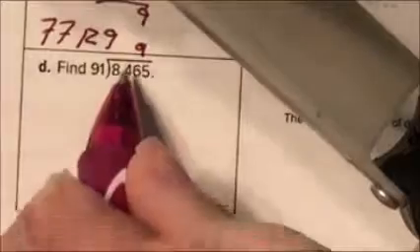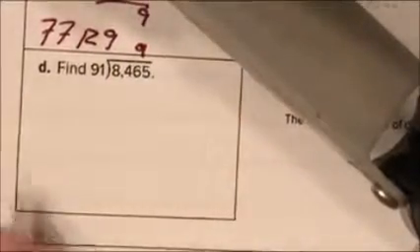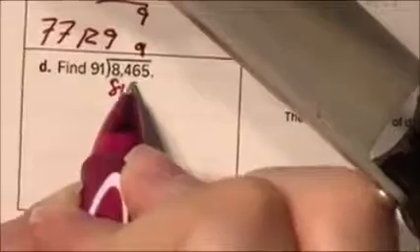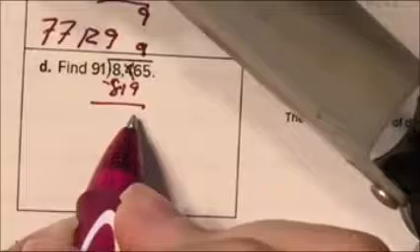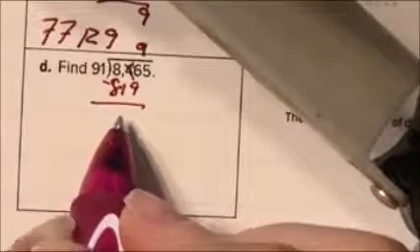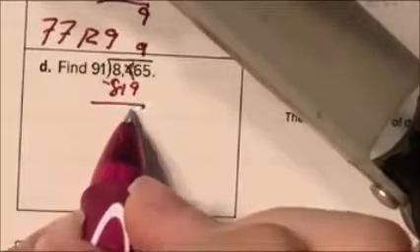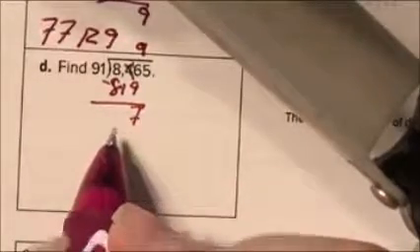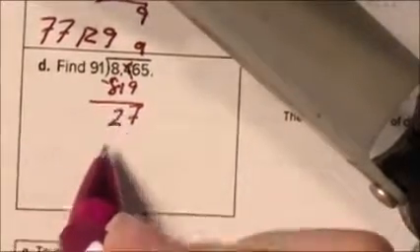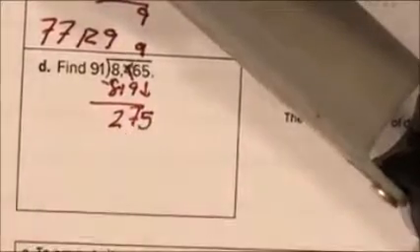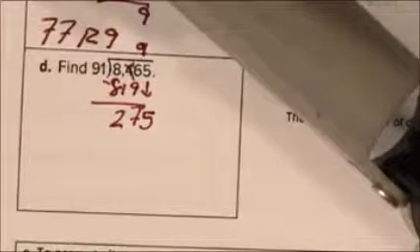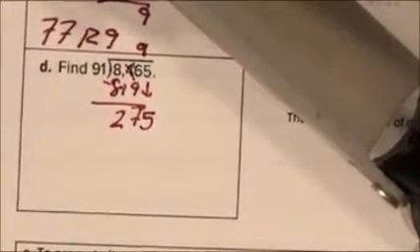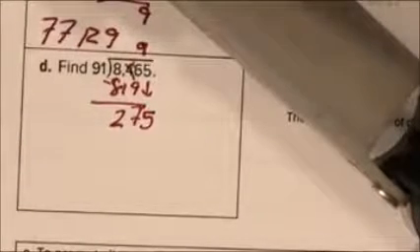It goes in 9 times. 9 times 91 gives me 819, and so I subtract. I have to borrow. So 16 minus 9 gives me 7. 3 minus 1 gives me 2. So I have 27. I bring down my 5.